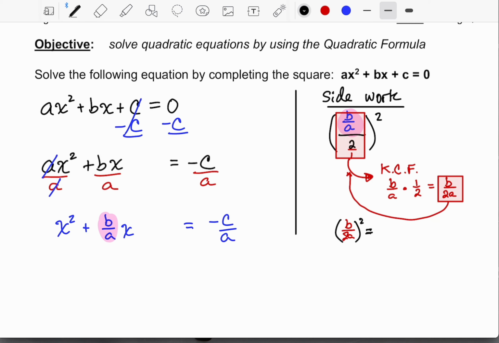Now I have to square the top and square the bottom. If I take the top and square it, that's just b squared. The bottom, I'm going to take each piece and square it. I have a 2 squared, which is going to become a 4. The a squared is just a squared. So b squared over 4a squared.